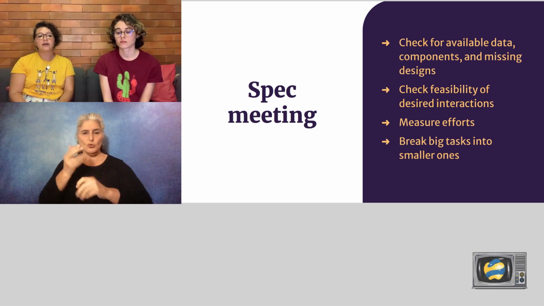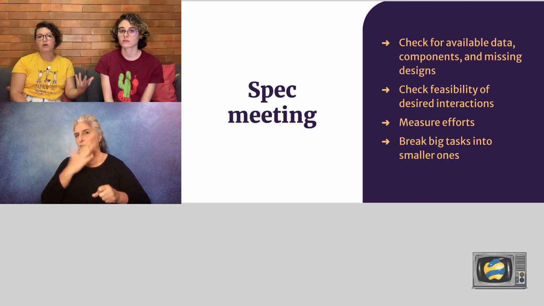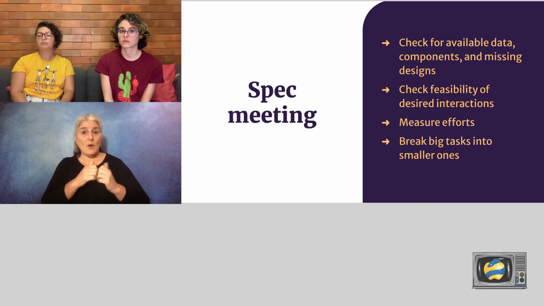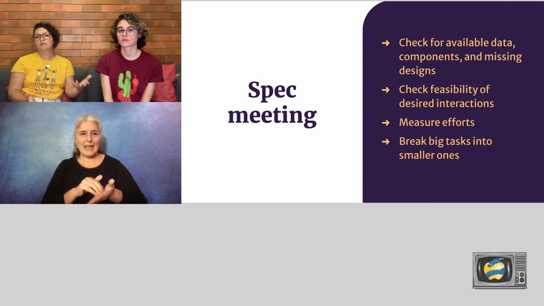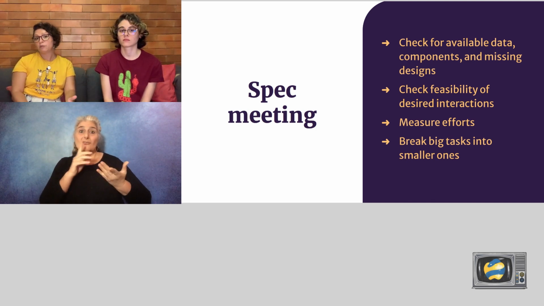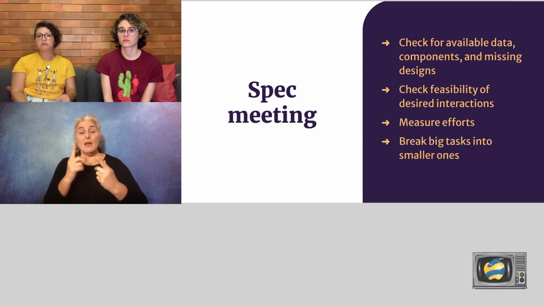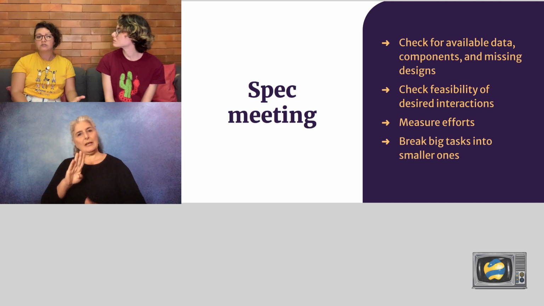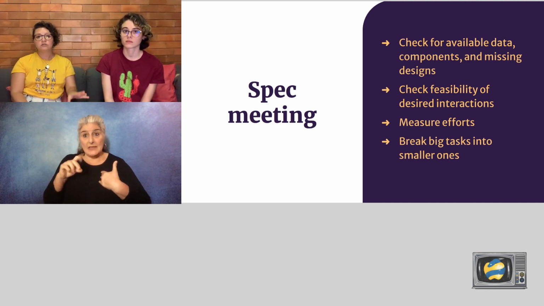So we would sit together and maybe negotiate something easier to implement if we had something too fancy that wouldn't fit in the time we had. We would look at our backend to see if we had all the data we needed to implement something, and then maybe add some extra time to build that.